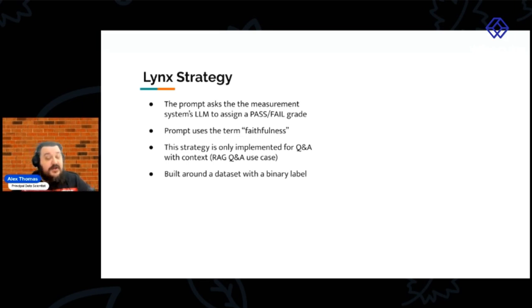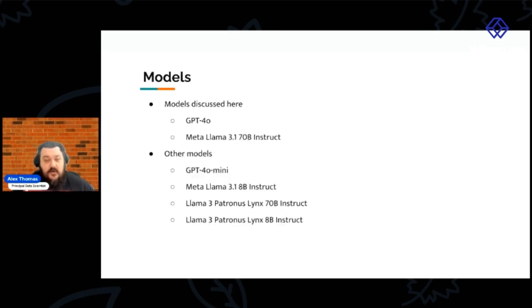They specifically exclude the question from being included, which would hopefully minimize the effect of any priming done by the question. And it's built around their data set, which we use later on here, that has a binary label. So the models we look at are GPT-4o and Llama 3.1 70 billion.